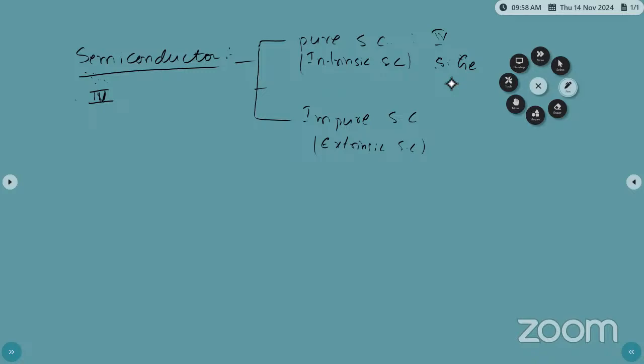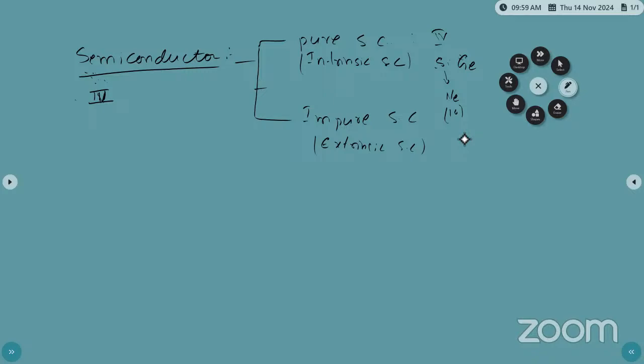What is the meaning of valence electrons? An atom has neutrons, electrons and protons. Now the electrons. Here silicon is near, for example, neon. Neon's atomic number is 10. For a noble gas, we can't break that element's electrons.